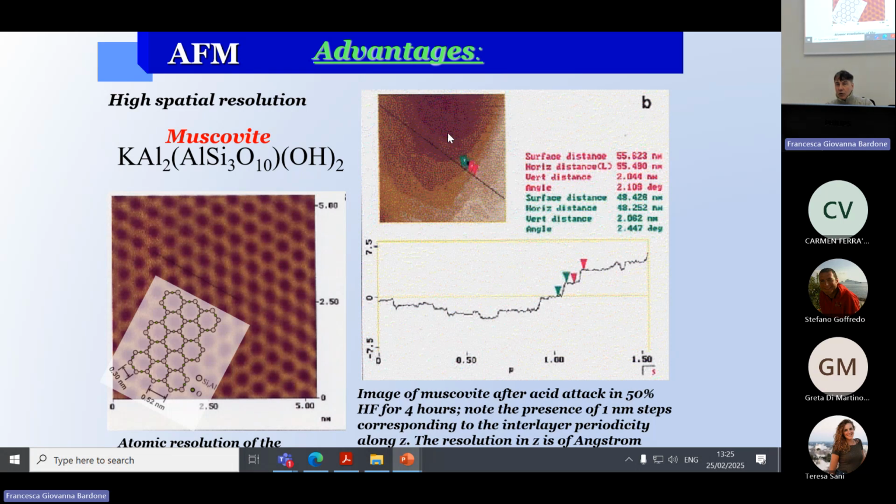If you dissolve the surface with acidic attack, with hydrochloric acid for 4 hours, you can measure the steps you have created after acid attack of the mineral.